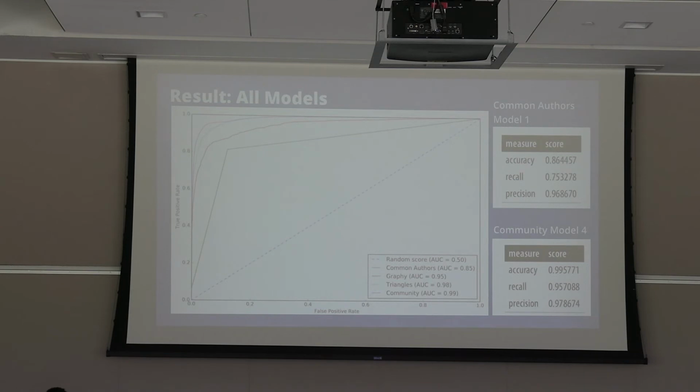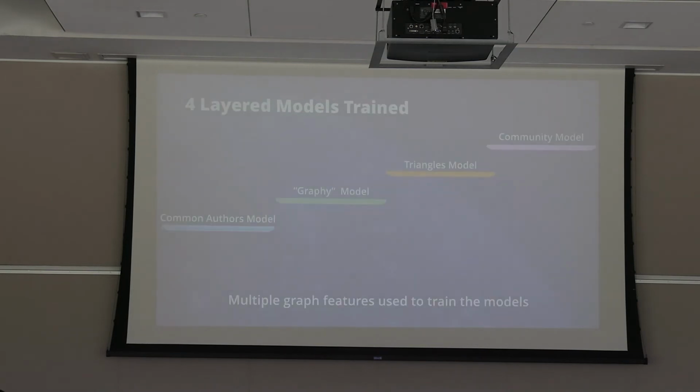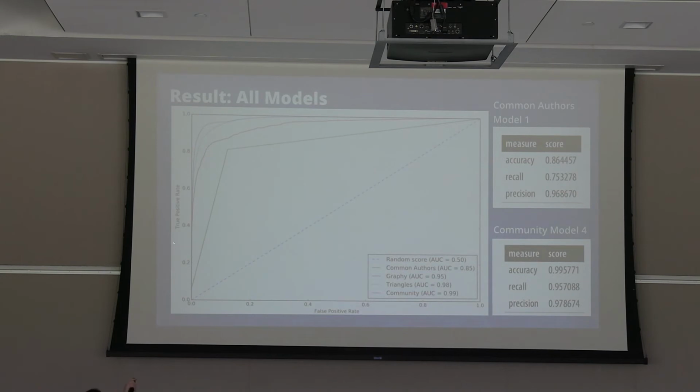The next model that we did was the graphy model, with preferential attachment and total neighbors. So that's the red line going up and over. Now we've got our 0.95 AUC. And then finally our triangles, which is 0.98 in the blue. And the last one being our community model, which is the pink line at 0.99 area under the curve, which is quite a good result.